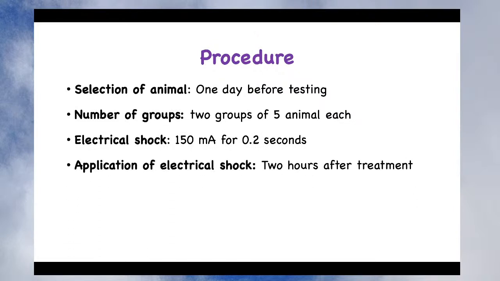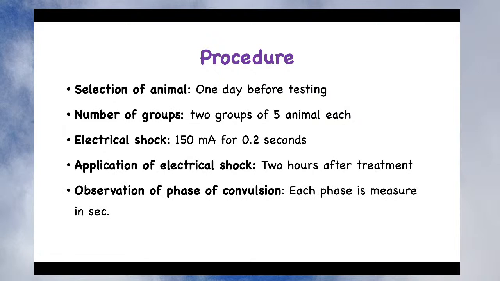Then the application of the electrical shock is generally done 2 hours after the treatment. In the vehicle treated group there is no problem, because you are just giving the vehicle, but as far as possible you keep the same protocol. That means 2 hours after treatment with the vehicle, you first apply the electrical shock, and then in the second group you give the treatment, meaning you give phenytoin as a medicine, and after 2 hours you give the electrical shock, and then you measure how much time the animal spent in each phase.